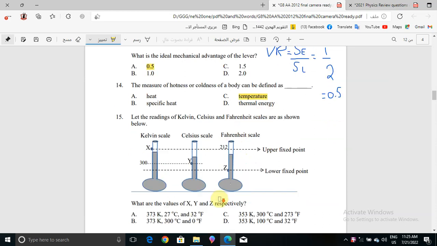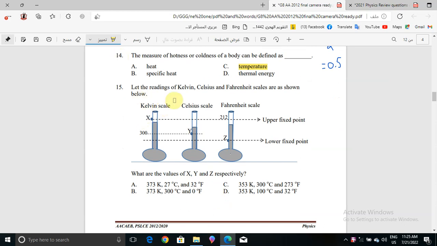Now question number 15, let the readings of the Kelvin, Celsius, and Fahrenheit scales be as shown below. This is the Kelvin scale, this is the Celsius scale, and here is the Fahrenheit scale. Here is the upper fixed point above, and below is the lower fixed point, right?